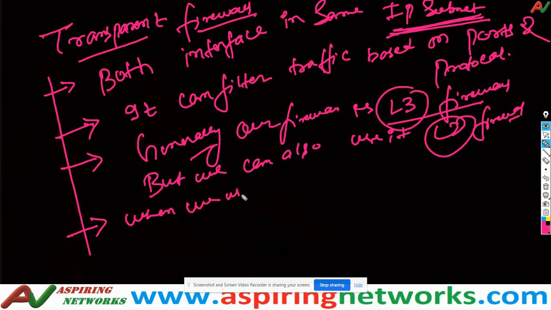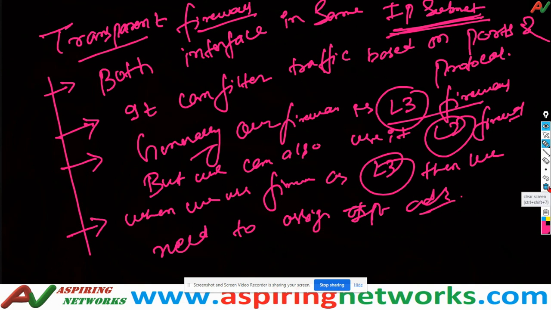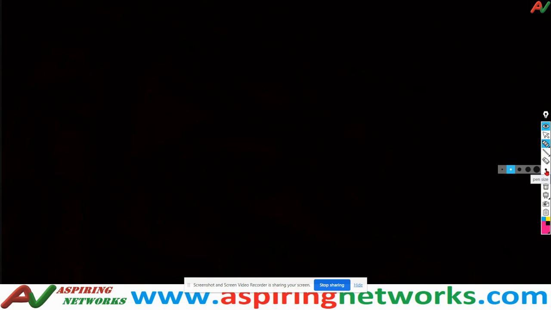So when we use a firewall as L3, we need to assign IP addresses again, right? Here I am giving the example of a transparent firewall. You can use it in the same subnet.